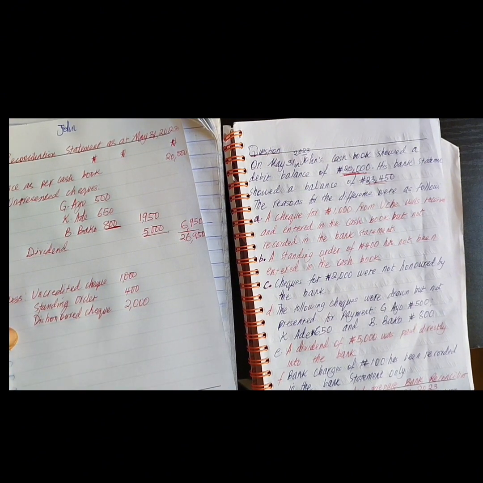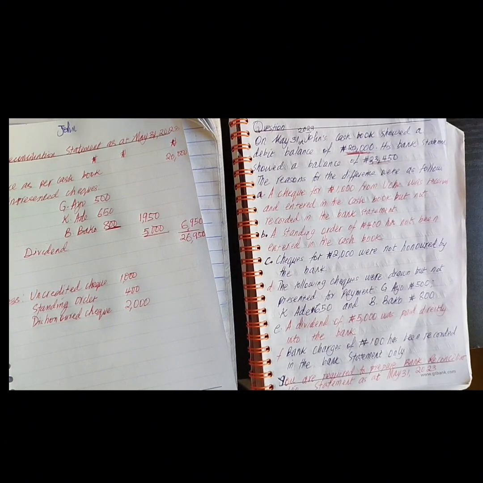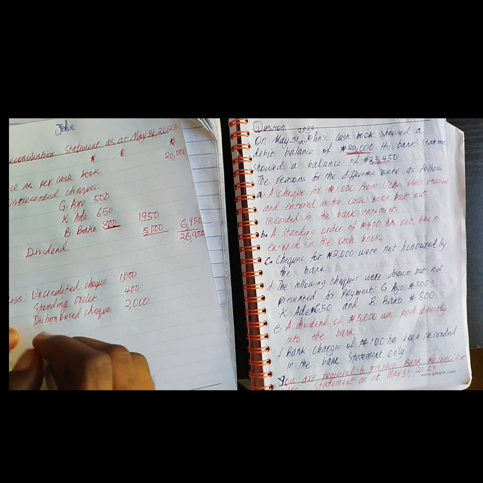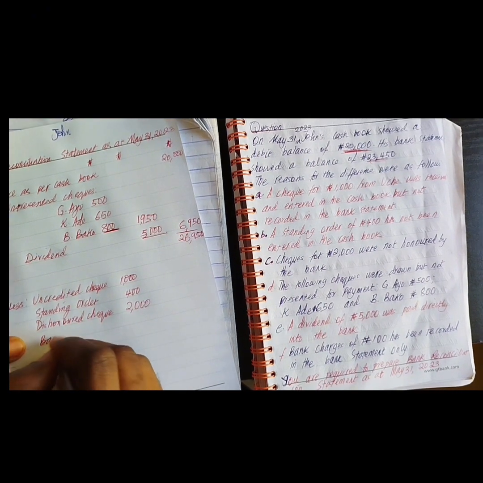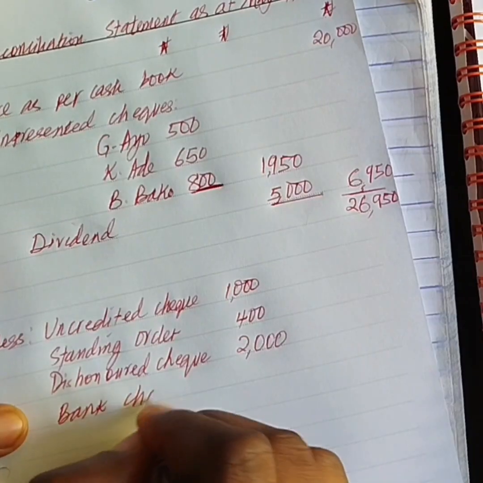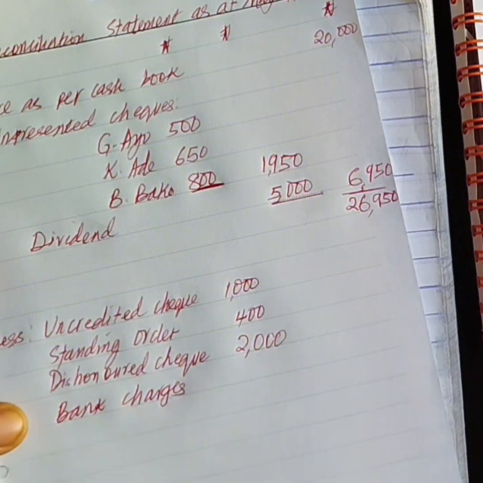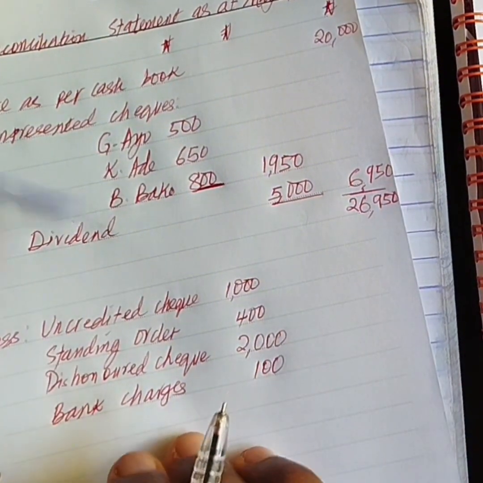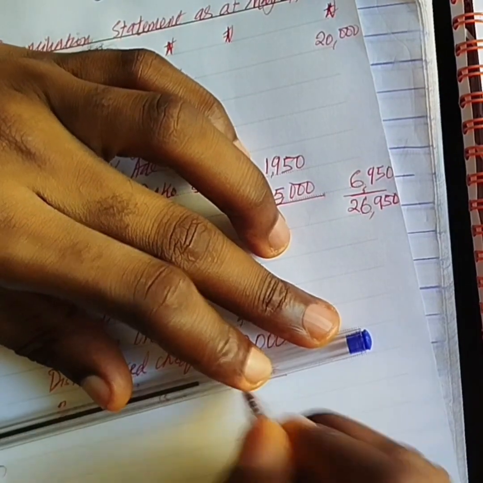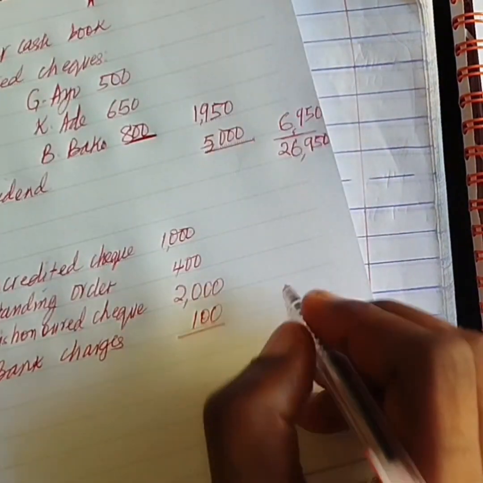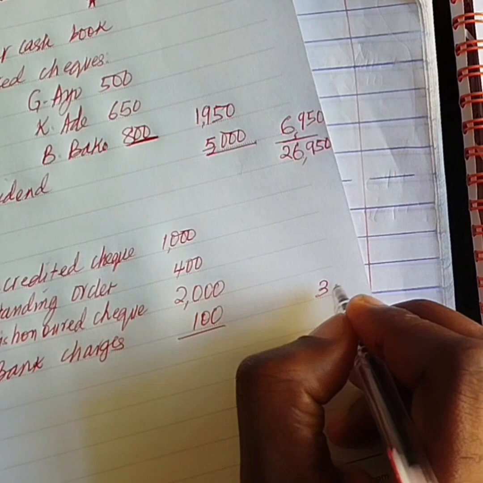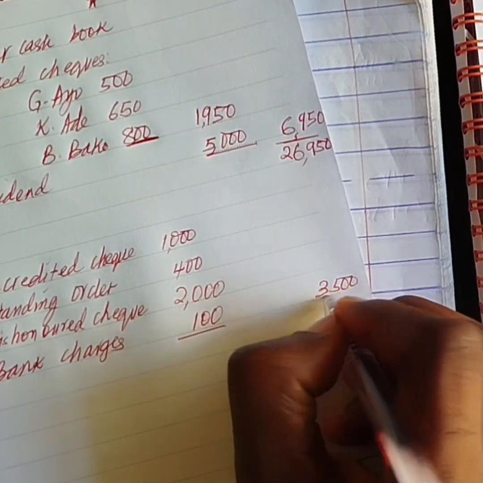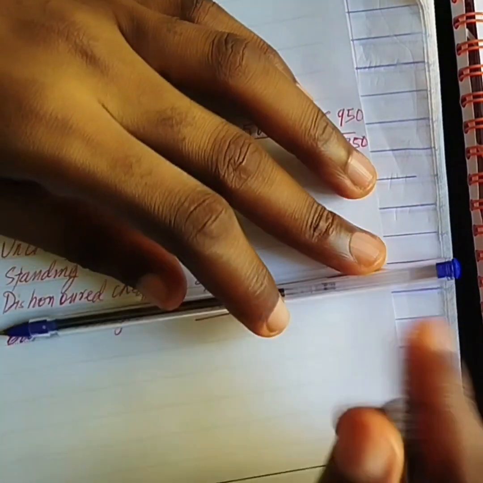Have we seen everything? F says bank charges of 100 naira have been recorded in the bank statement only. Bank charges should be deducted. Bank charges of 100 naira. So the total deduction is 3,500.